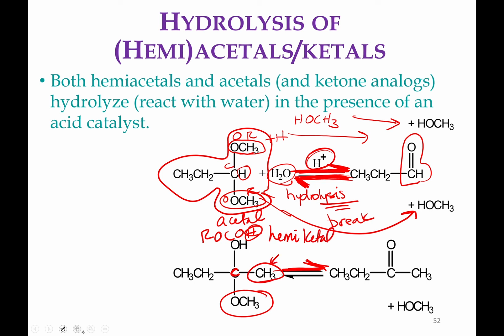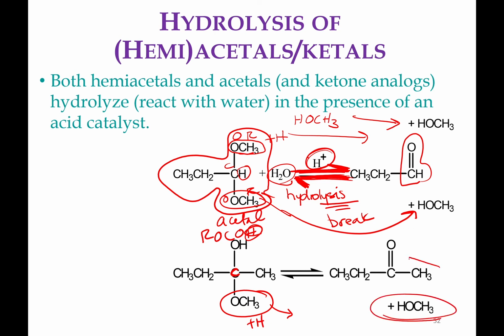Let me erase that because this is getting really bulky on this side. A lot of red. When we do that, we're going to take off the OCH3, so this goes away, plus hydrogen, to form back this alcohol, and we get our ketone back.